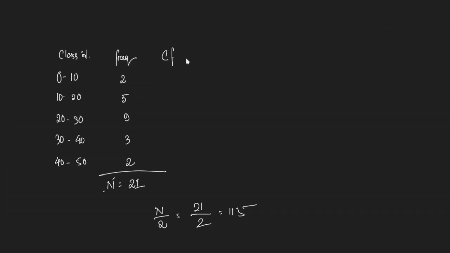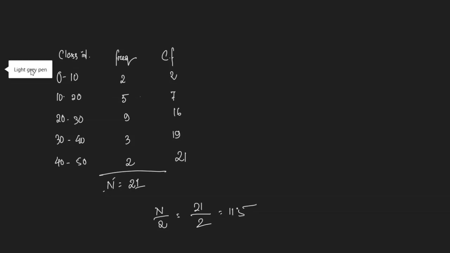From the frequencies you have to find the cumulative frequency, which I have already discussed with you. First it will be 2, then 2 plus 5 is 7, 7 plus 9 is 16, 16 plus 3 is 19, and 19 plus 2 is 21. So these are the cumulative frequencies.